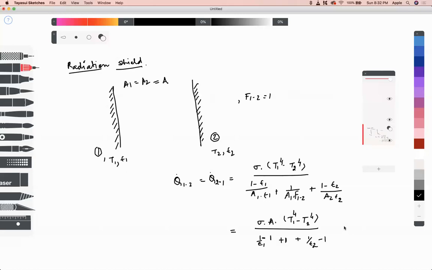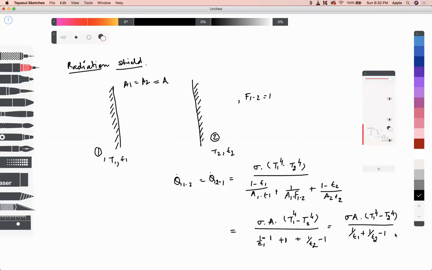So plus 1 and minus 1 will cancel, and eventually the expression will become sigma (T1 to the power 4 minus T2 to the power 4) divided by (1 upon epsilon 1 plus 1 upon epsilon 2 minus 1). This is whenever radiation exchange is happening between two parallel plates without any shielding.